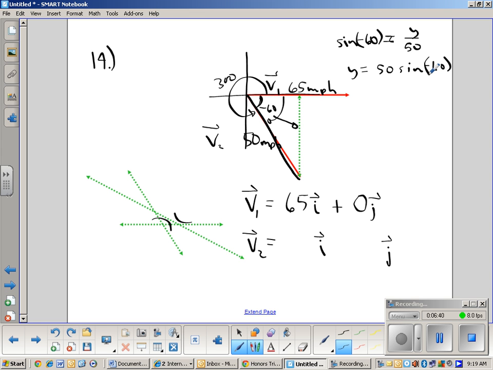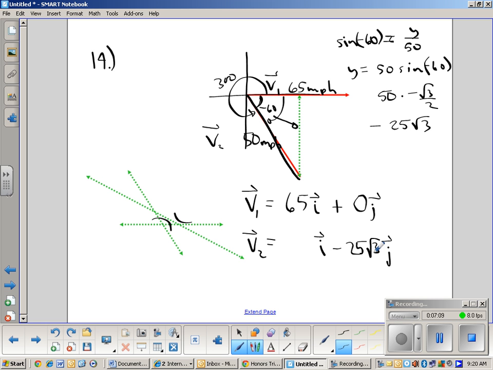It may have been a stumbling mistake, but you did it. You said neg, and it's square root 3 over 2. So this is 50 times a negative square root 3 over 2, which reduces to a negative 25 square root 3. And that's the j component.